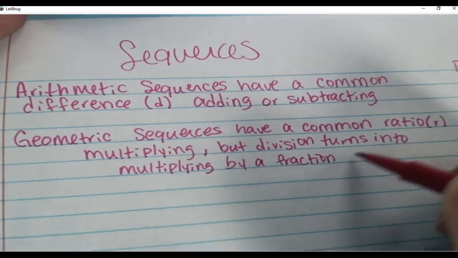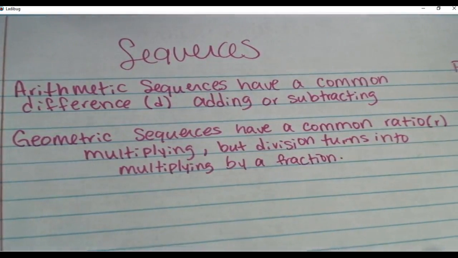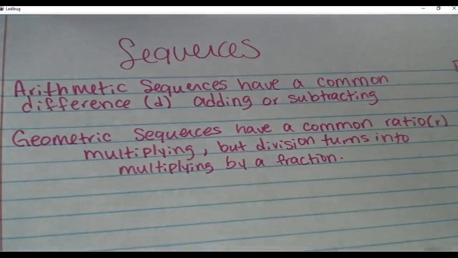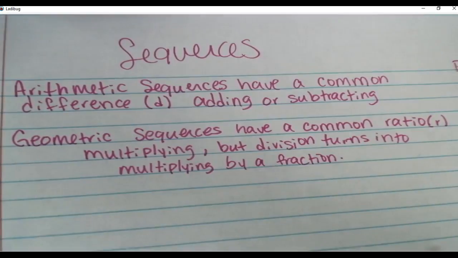So if you have, like, the pattern is you're dividing by 3, that's the same thing as multiplying by 1/3. Okay? So for adding and subtracting, it really doesn't matter because subtracting is just adding a negative, so it's the same thing. But for multiplying, you have to change that. If it's division, you have to change it into multiplying a fraction. Okay, so geometric is just multiplying.